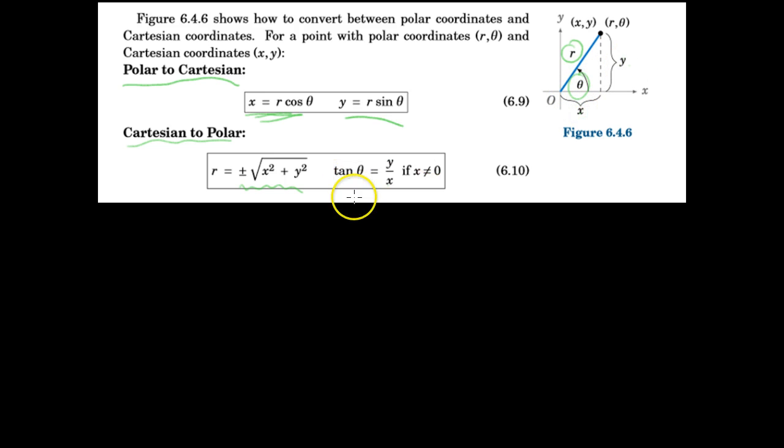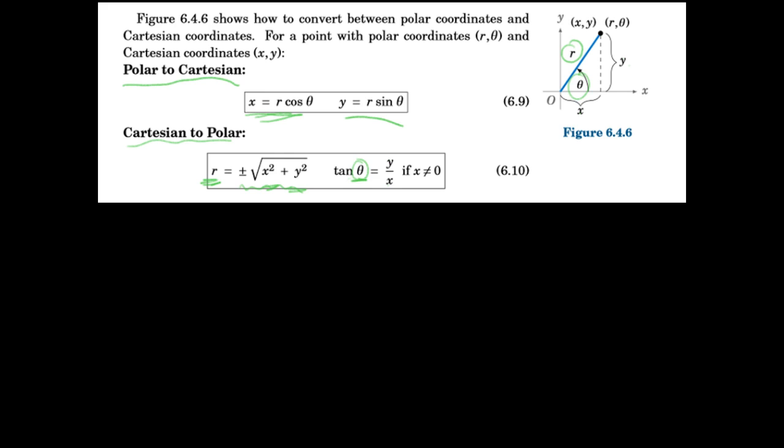So if you know your x and your y, you can find theta and your radius, and that would give you the polar coordinate.